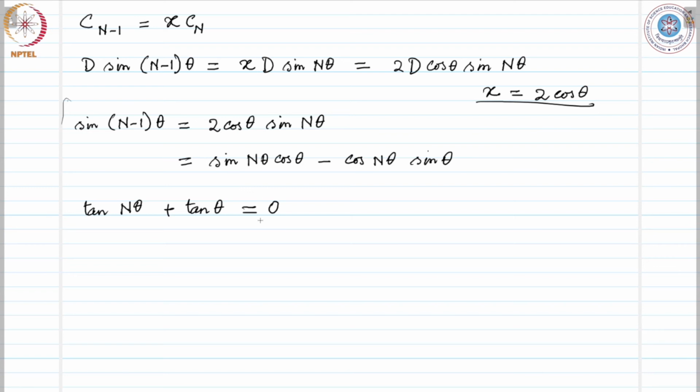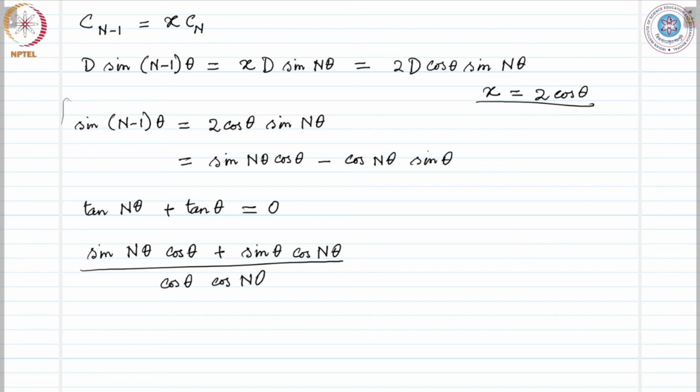Okay. With this kind of a situation, in other words, we can write sine n theta cosine of theta plus sine theta cosine of n theta over cos theta cos n theta.